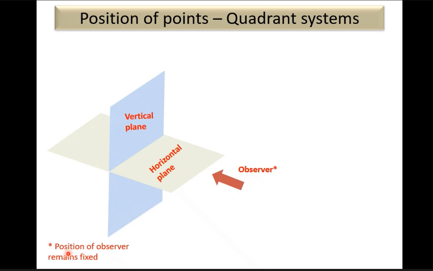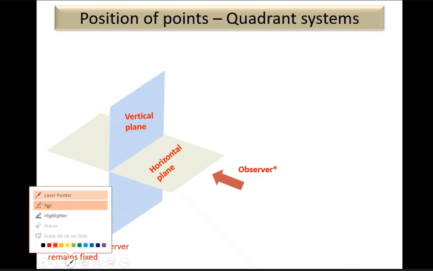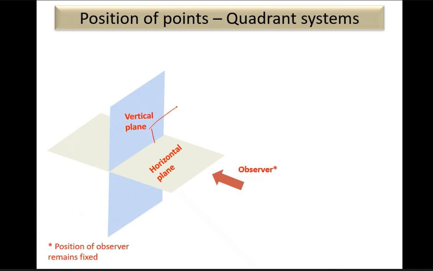If any object lies over here, this is our first quadrant. For the 4th quadrant also, the condition is the same. The object is in front of VP. But the second condition changes over here. It is below the horizontal plane, and in the first quadrant, it is above the horizontal plane.